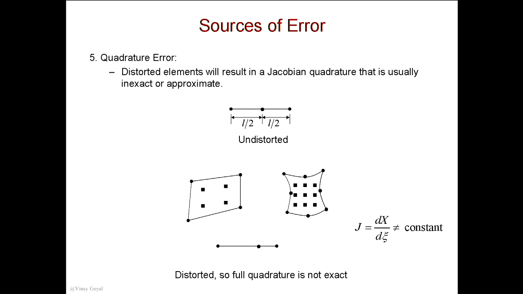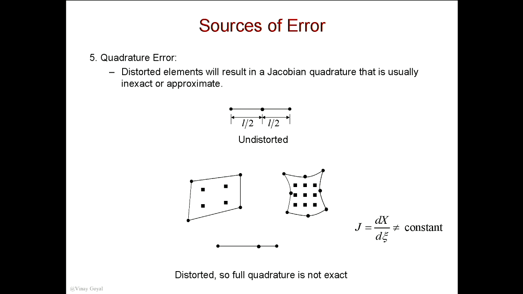Other cases are, for example, a quadrilateral here that is distorted because the angles are not 90 degrees. In a second order quadrilateral, the midpoints of the edges are not in the center. In that case, that also can give you a Jacobian that's not exact, and will be approximate when you use quadrature rules.